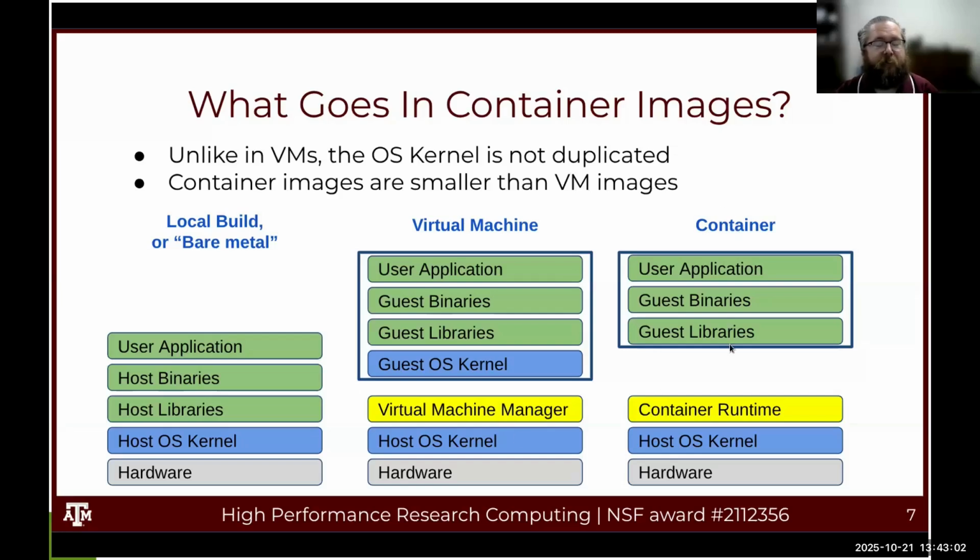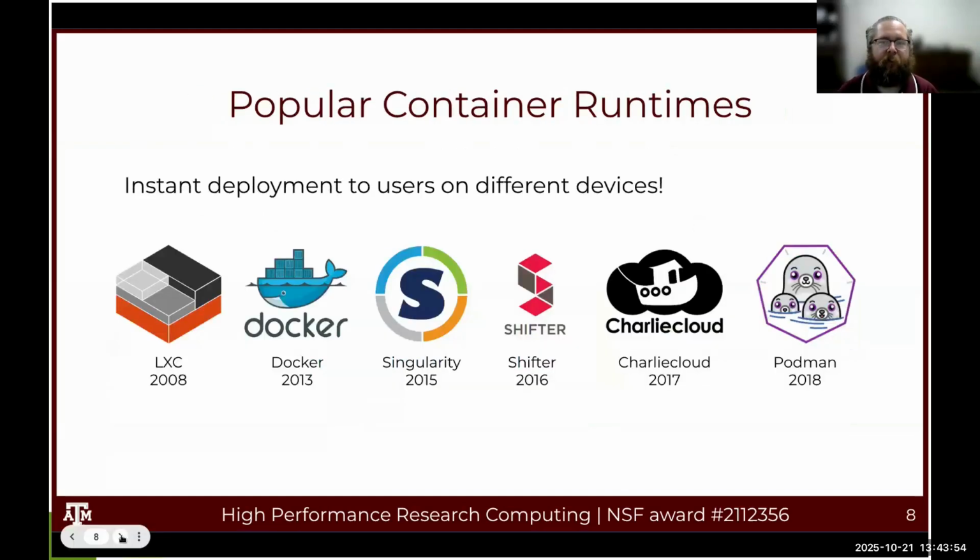So containers can be much smaller in memory because they don't duplicate the operating system kernel. Instead, they use the host operating system kernel, and there is a translation layer between the guest libraries and the host kernel. So here are some popular container runtimes.